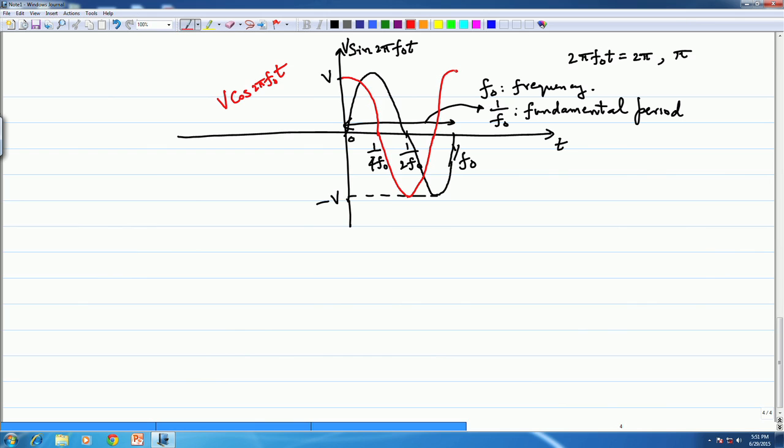Okay. So, in fact, if you know about these functions sin and cos, they are actually shifted versions of each other. You take the cosine and then shift it to the right by pi by 2 or 1 by 4 f naught, you will get the other function. Okay. So, you might know these things from your knowledge of sinusoids.